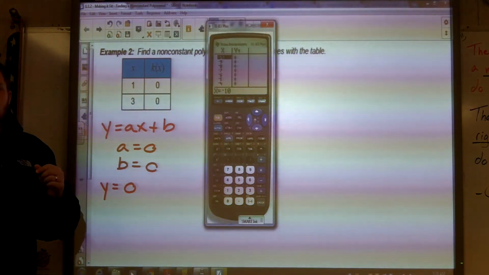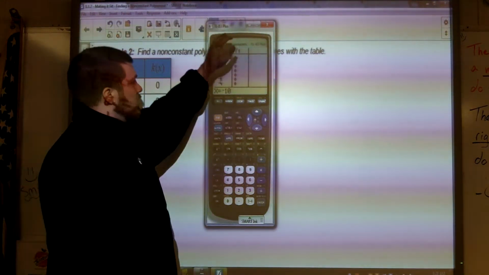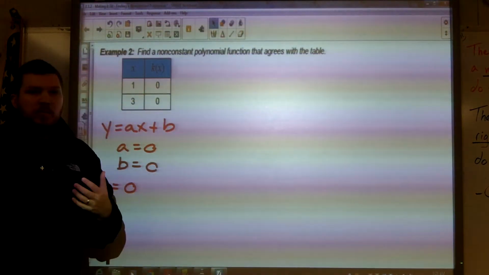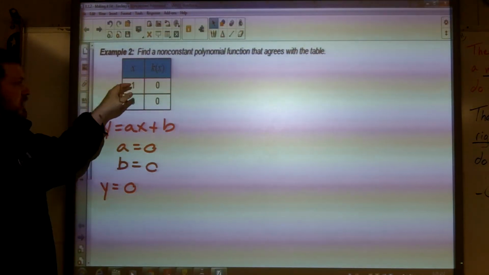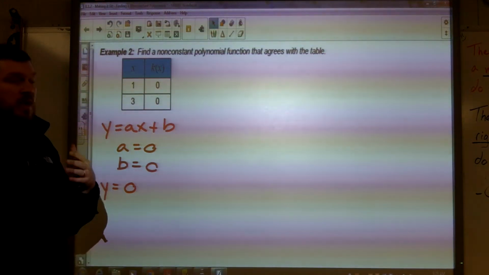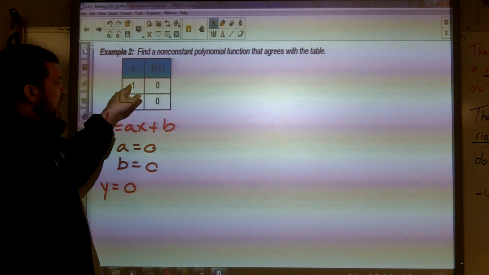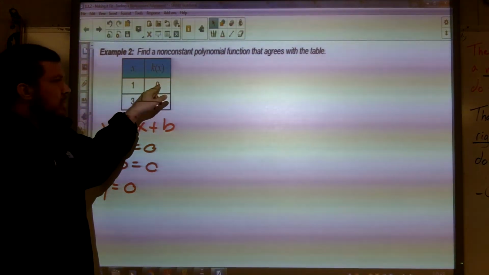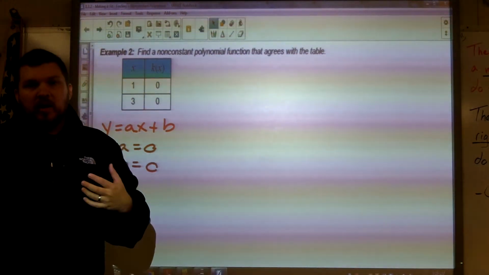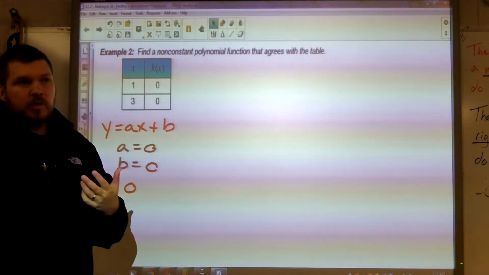Our problem asks for a non-constant polynomial, so we need to think a little bit. Well, if you remember back to previous classes, you know that a polynomial has a root or a 0 or an x-intercept anytime the y value is 0. So this particular polynomial has 2 roots or 2 x-intercepts.